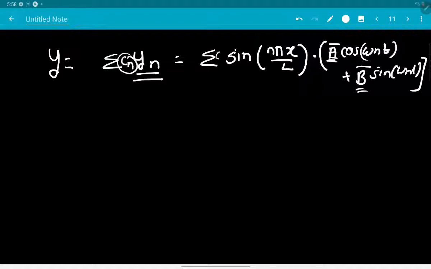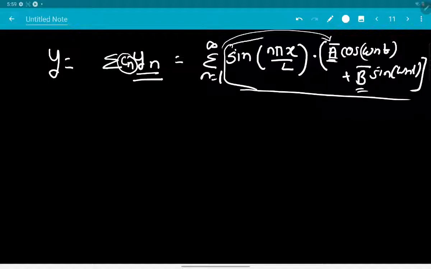Even if you put cn over here, that's not going to make any change. This n ranging from 1 to infinity, summation over all these infinite n's, is the solution of y.